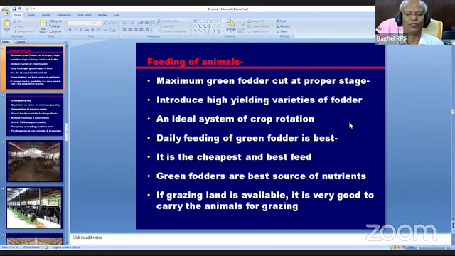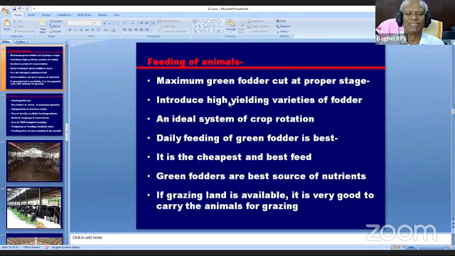And if you are producing the green fodder for your dairy animals, I know you will be able to produce good quality fodder, and that will be harvested in the proper stage, by which its utilization will be good for the animals.